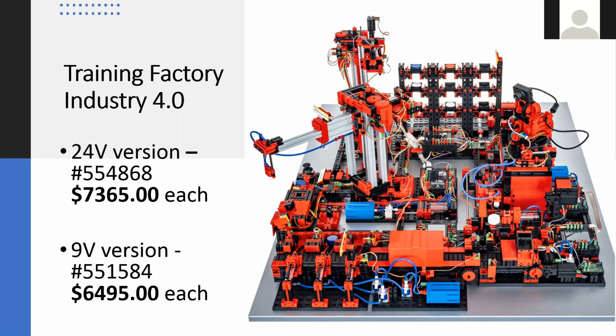and cloud-based control. In the 24-volt version, again coming with the sample program, $7,365 per unit, excuse me. And the 9-volt version, again, pre-wired to the robotics TXT controllers, that's $6,495 per unit.